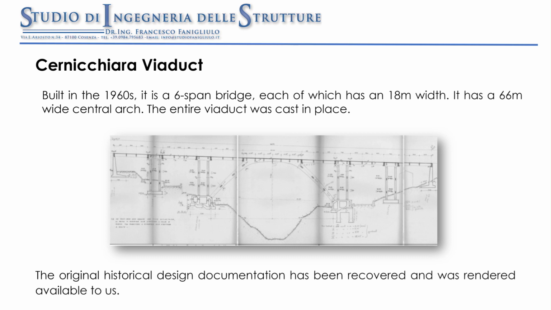We've already said it has been built in the 1960s. It is a 6-span bridge. Each of the spans has a width of 18 meters. It has a 66-meter wide central arch, and the entire viaduct was cast in place. Moreover, the viaduct itself is approximately 142 meters long.